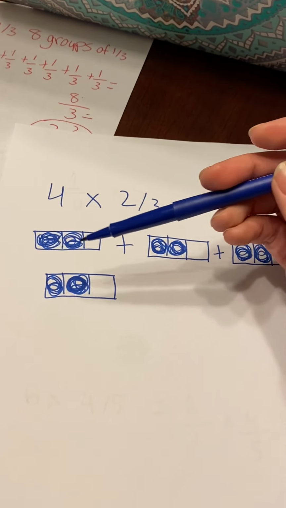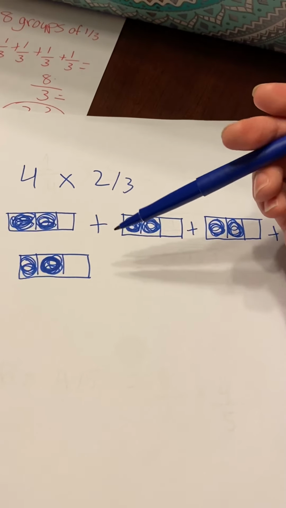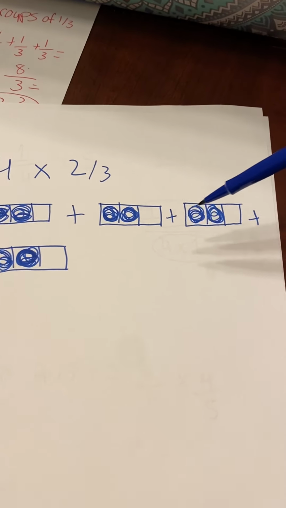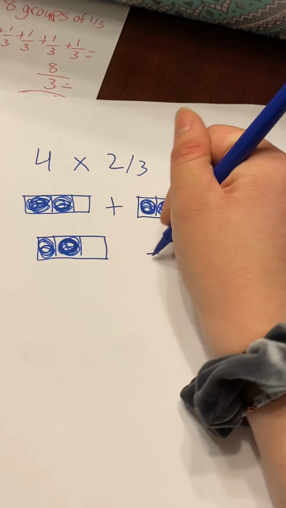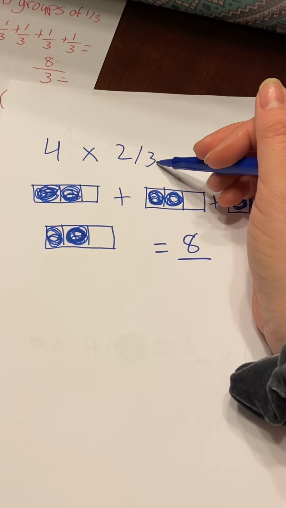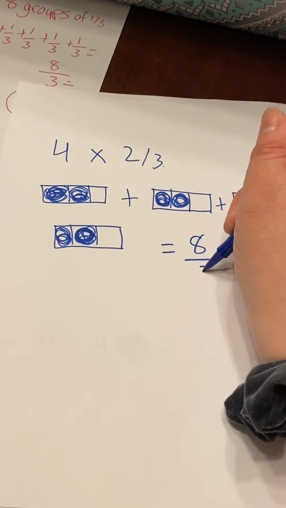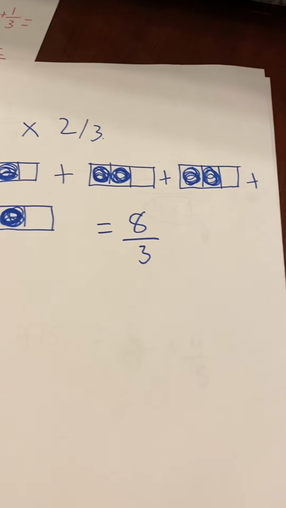It's just colored in 2 times, 2/3. 1, 2, 3, 4, 5, 6, 7, 8. So your numerator will be 8, and you're keeping that 3. 8/3.